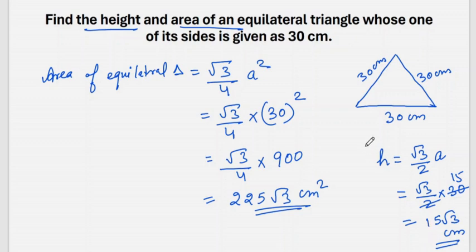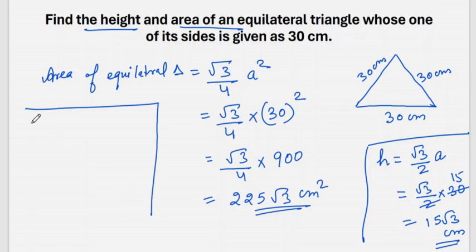But suppose I don't remember this. Then what is the other way that I can do this question? See, if you know the area of the triangle, you can use the formula half into base into height, right?